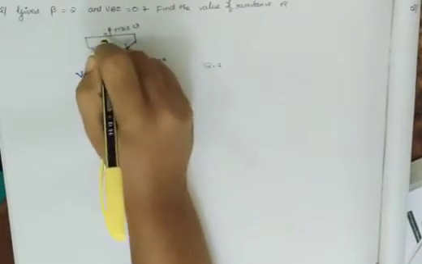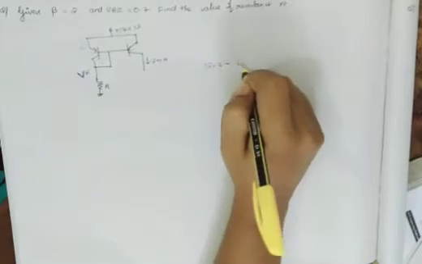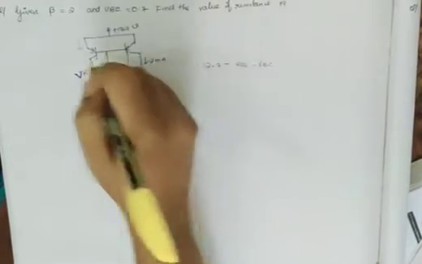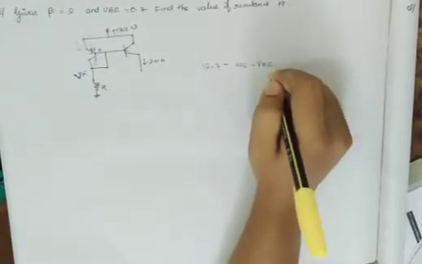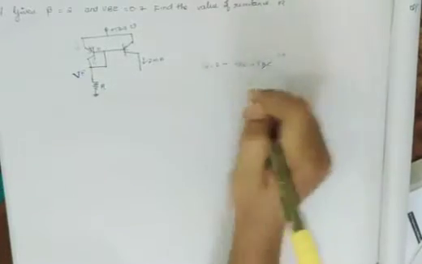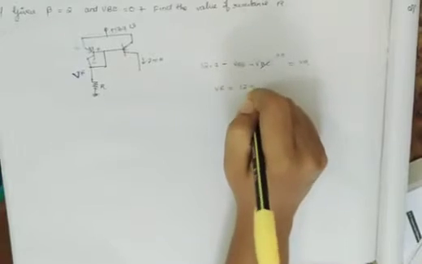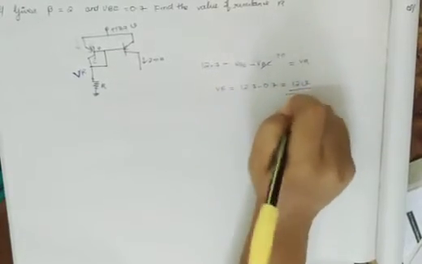I am traveling from here, so 12.7 minus VBE minus VBC. This is the emitter, this is the base, this is the collector. VBC is shorted, so VBC will be equal to 0. So VR equals 12.7 minus 0.7, which is 12 volt.